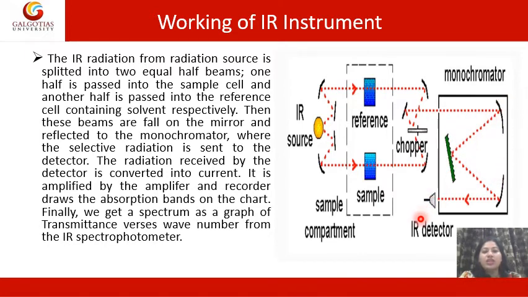The radiation received by the detector is converted into current. It is amplified by the amplifier and recorded, drawing the absorption bands on the chart. Finally, we get a spectrum as a graph of transmittance versus wave number from the IR spectrophotometer.